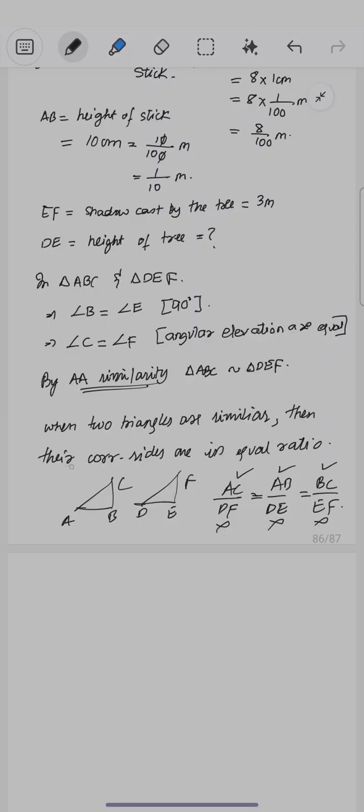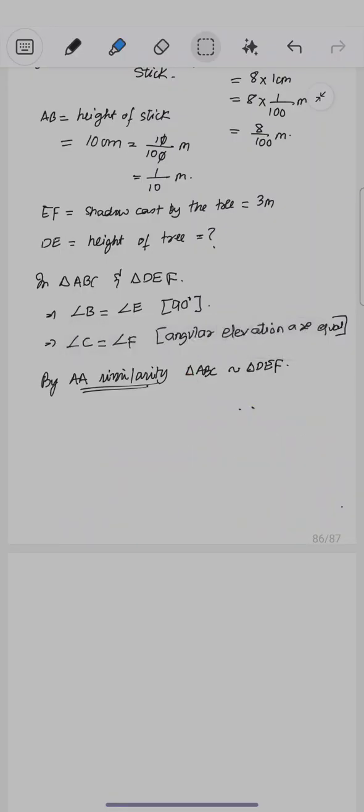When two triangles are similar then their corresponding sides are in equal ratio: AC by DF, AB by DE, BC by EF. This is what AA similarity says. Now solve.